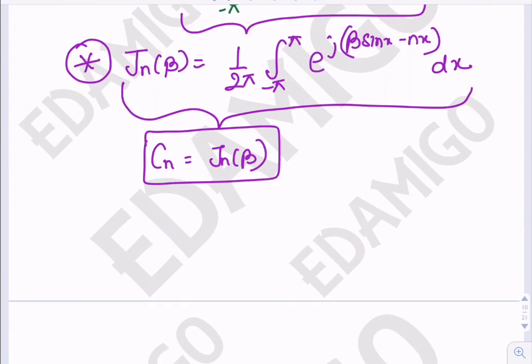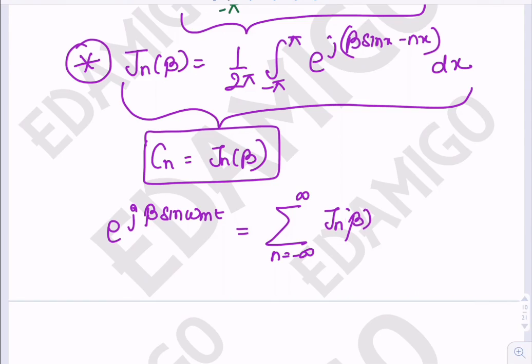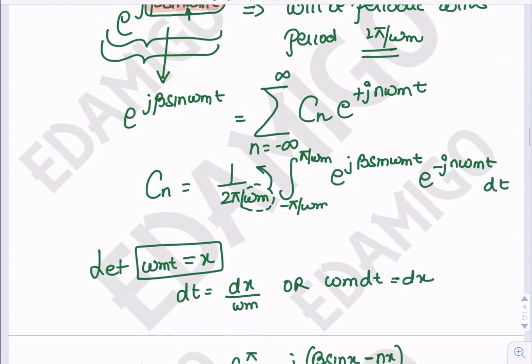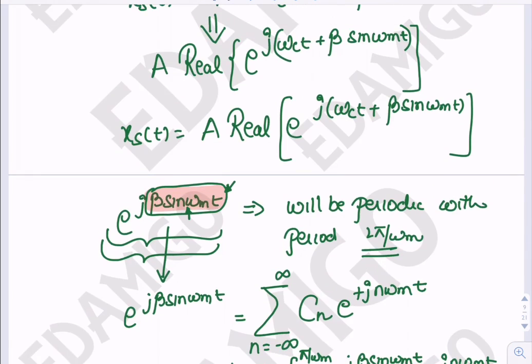So we can write e to the power j beta sin(omega_m t) equals the summation from n equals minus infinity to infinity of Jn(beta) e to the power j n omega_m t. Now we can easily write this expression.